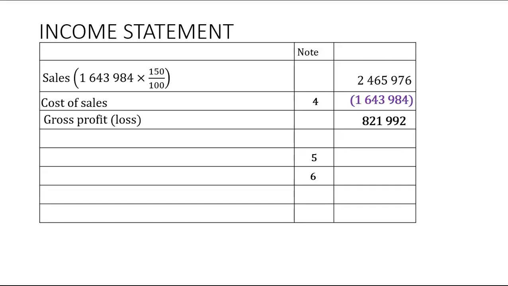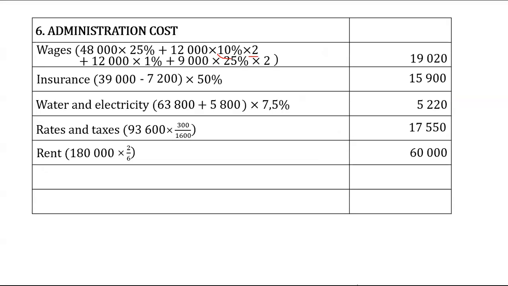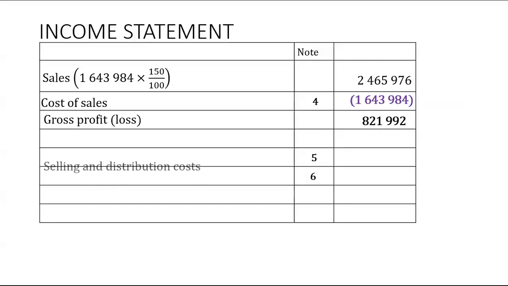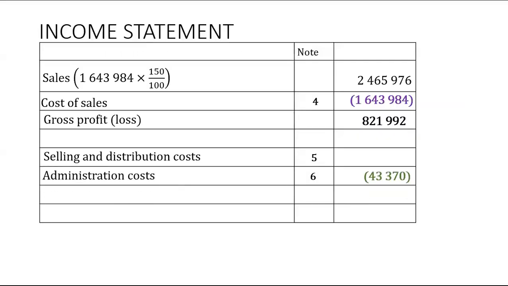And then I've already closed off my selling and distribution. I will close off my admin and selling and distribution. These two will go to the short income statement. And when we put it in the short income statement, we'll put them as our expenses. Selling and distribution is 40.